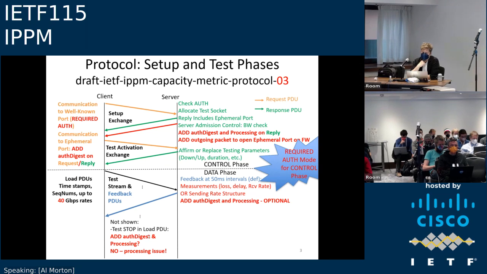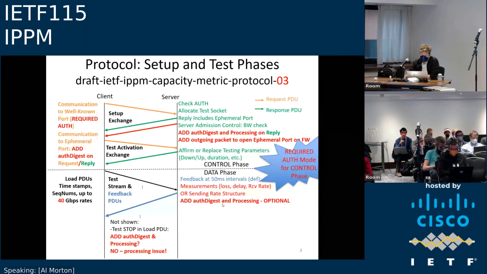So when these are the lightweight CPE, we can really get in trouble there. And we decided there's really not that much information here to protect. So we're not going to add the authentication digest and processing in the load PDUs. That's our choice for now. We've also got the completely unauthenticated mode, so that's available as well for folks who want to do this.